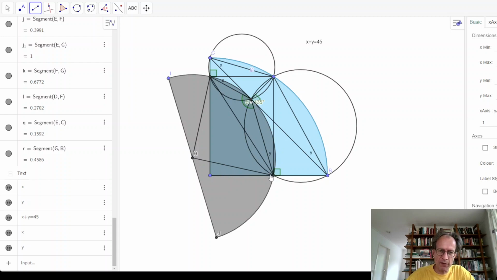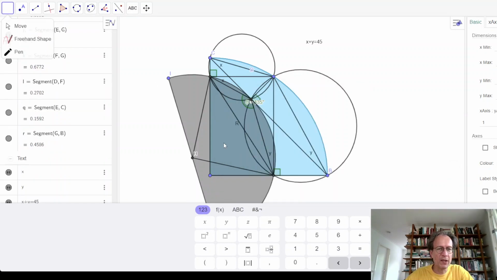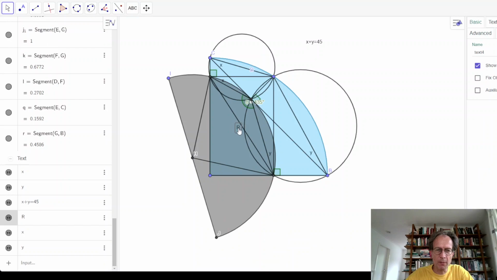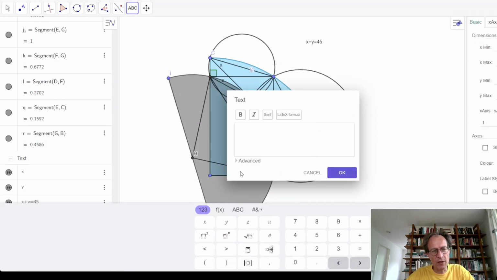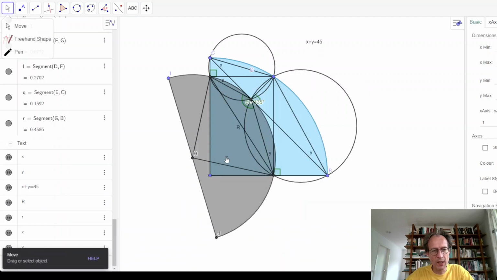But now we're almost there, because this diagonal of the rectangle, of course, is the same as this diagonal, and the latter diagonal is exactly the r of the quarter circle. So here we have the r. Let's name the quarter circle radius capital R, because it is a bit larger. And here we have the radius of the semicircle with a small r.